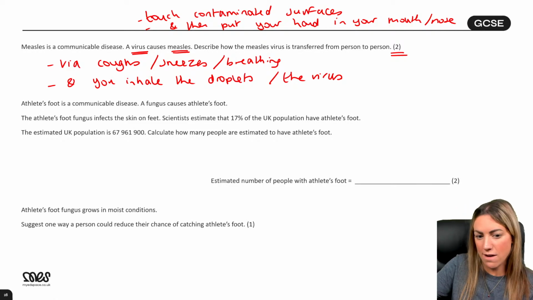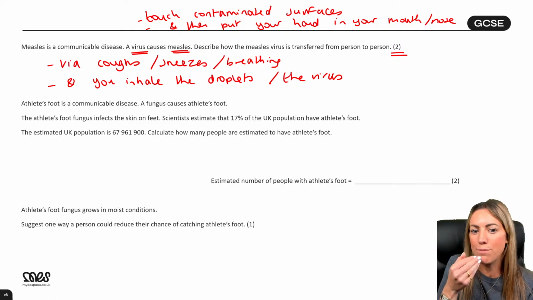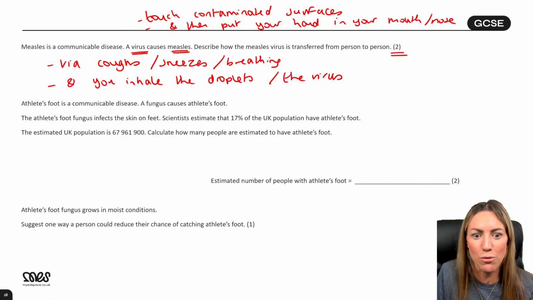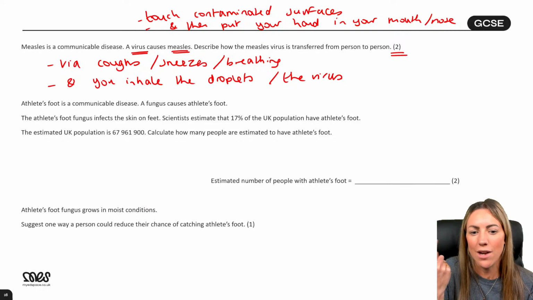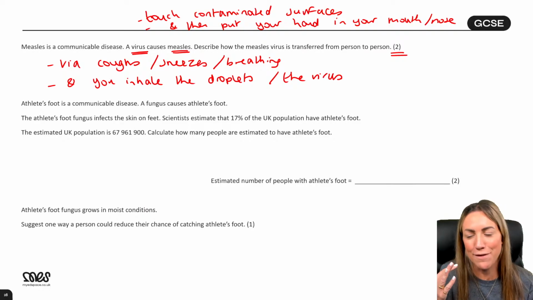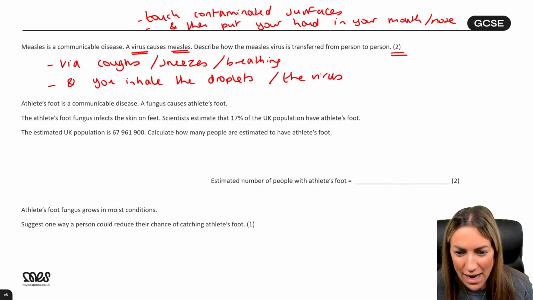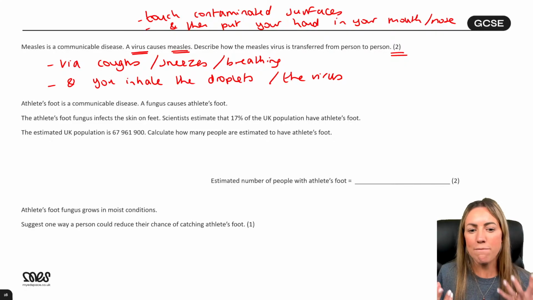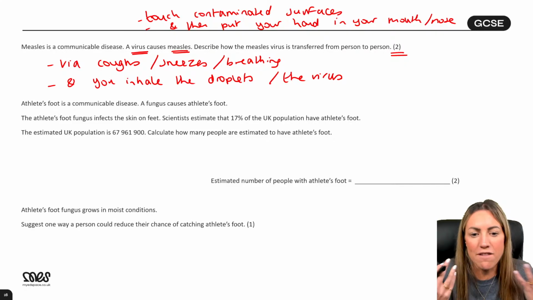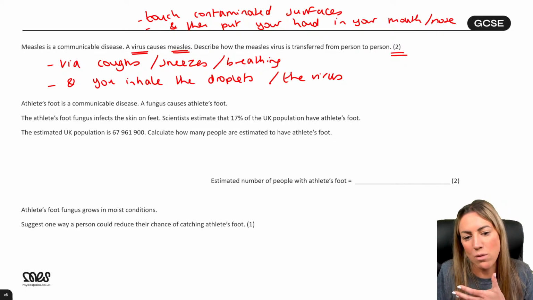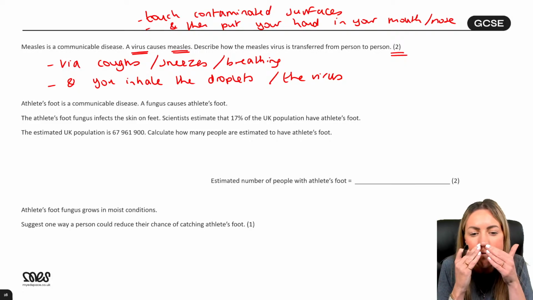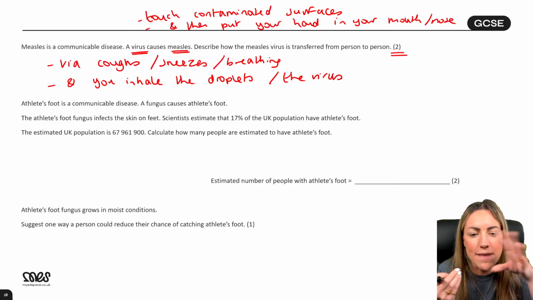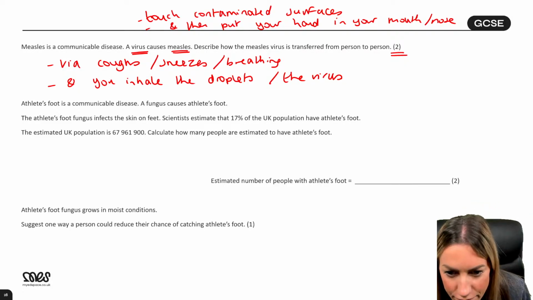But if you touch a surface that has the virus on and then you put your hand in your mouth, or you pick your nose or whatever, then that would transfer the virus. So you could have gone for that. But when we think of measles, we think of it as spread via respiratory droplets. That's what we say, respiratory droplets. So you're infected, you're coughing, sneezing, breathing, and then someone else inhales. Yeah?